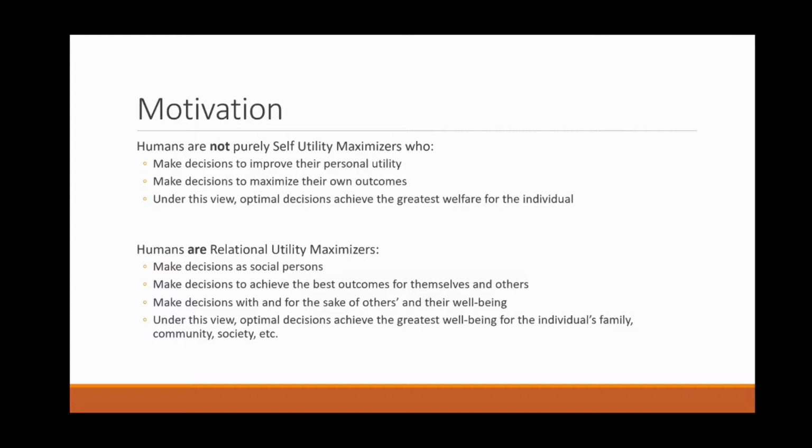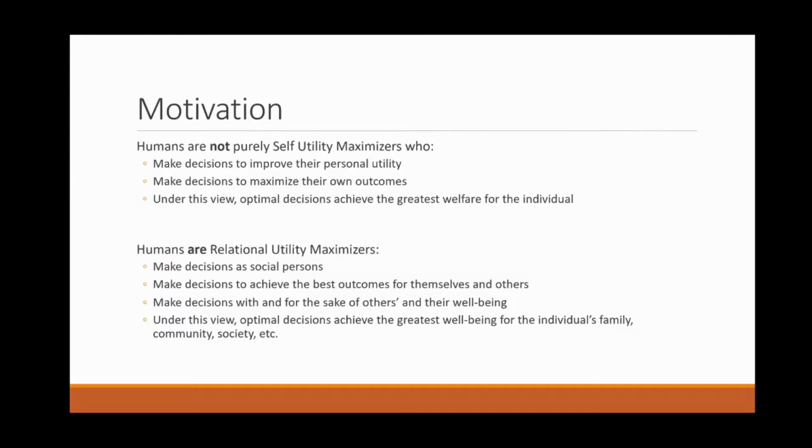Now, a self-utility maximizer is someone that makes decisions to improve their own personal utility. They make decisions to maximize or to achieve the best for their own outcomes. And so under this view, optimal decisions, that means the best decisions that people can make, are the decisions that achieve the greatest welfare, well-being for themselves. Okay, so that's a self-utility maximizer.